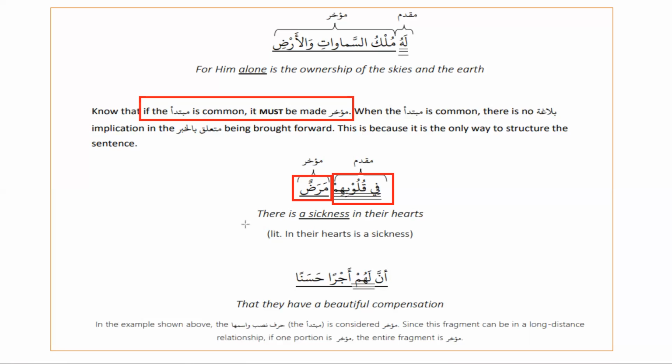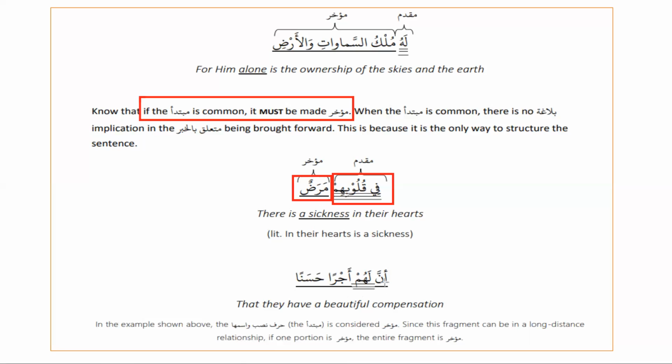The translation is the same as the regular one. Fi qulubihim maradun. In their hearts, there is a sickness. Maradun, there is a sickness. So there is no emphasis, no exclusivity if the mubtada muakhar is nakira, common. The same way here.